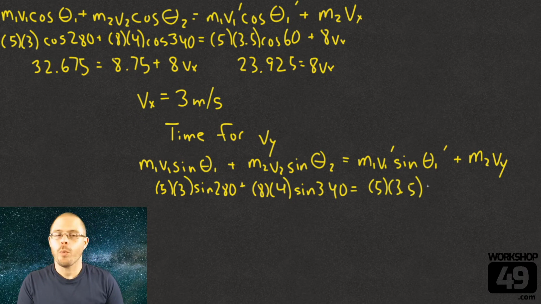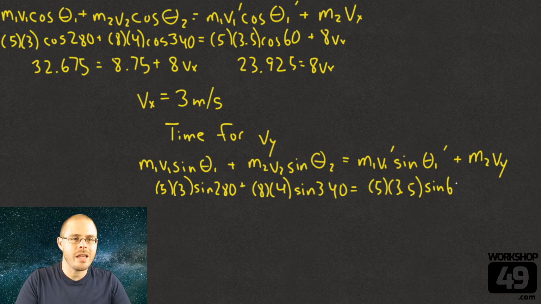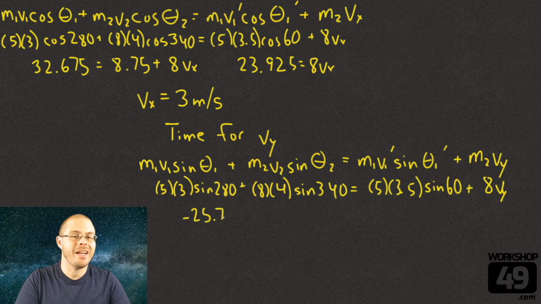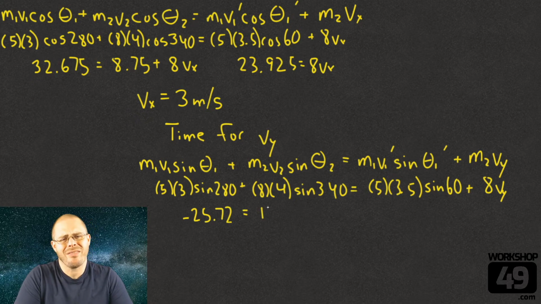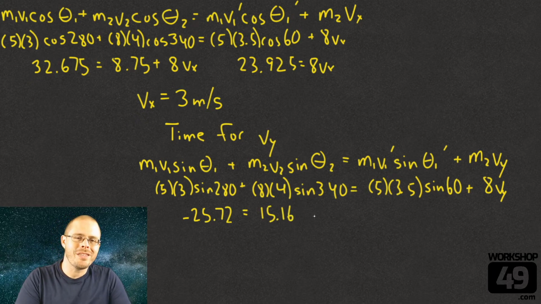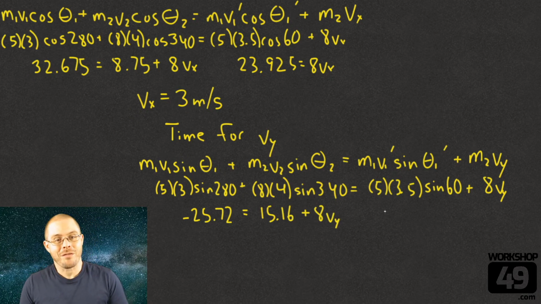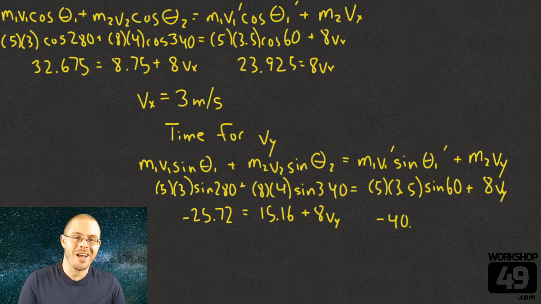You've got the x, we're just filling in the exact same ones as our sine theta prime, our mass of our second rock, vy. We hit up the calculator. Even if it looks like a mess, it's a nice number, well, nice enough. Negative 25.72 equals 15.16 plus 8vy. We subtract 15.16 from both sides.